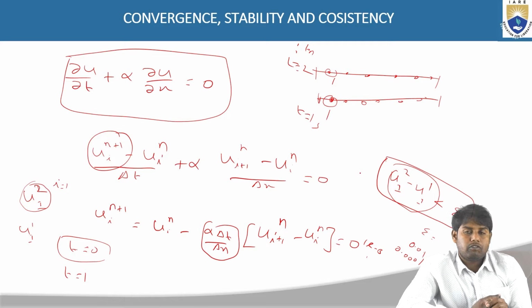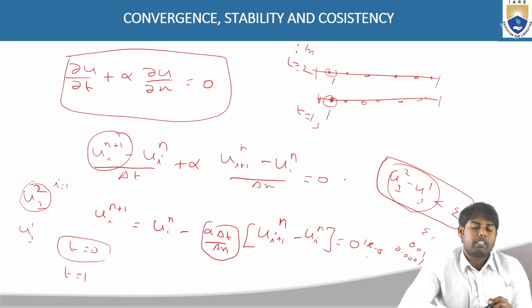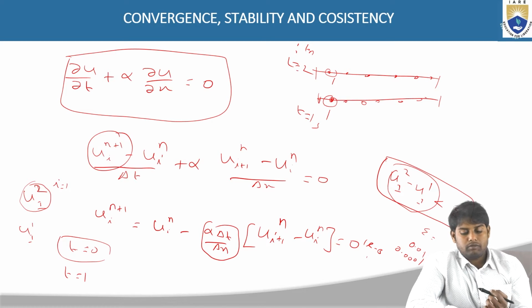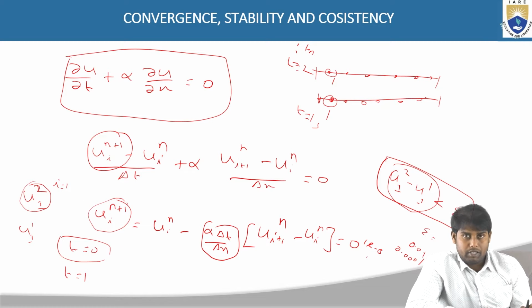So the convergence criteria has to be seen to stop the simulation, which we impose. And for simulation to converge, we need to see the consistency and stability of a numerical scheme, which we will discuss. But now let us get an idea of what convergence actually is. So let's say the unknown value here is u of i to the power of n plus 1, at one time level.